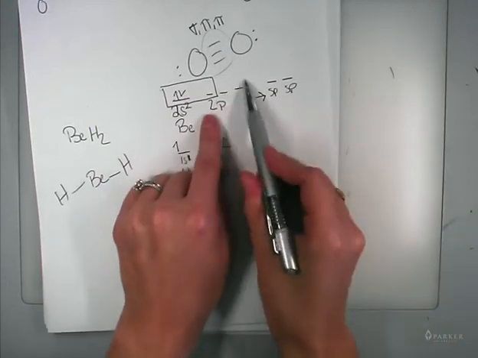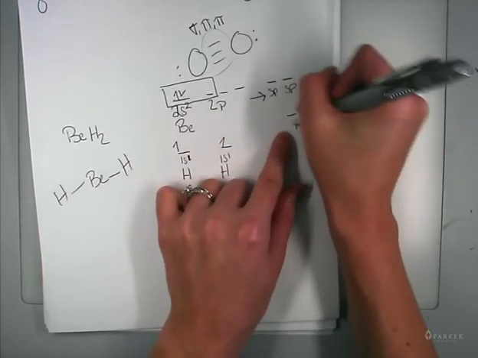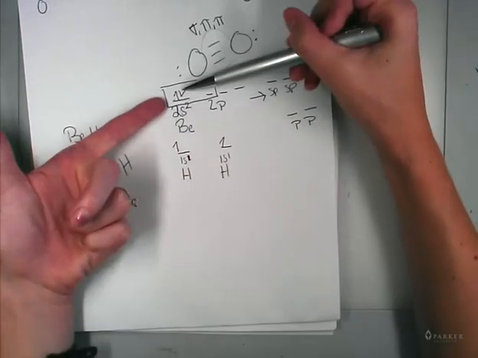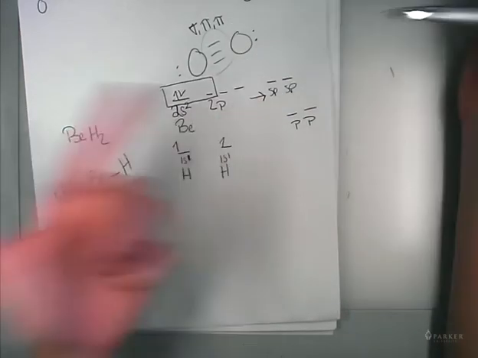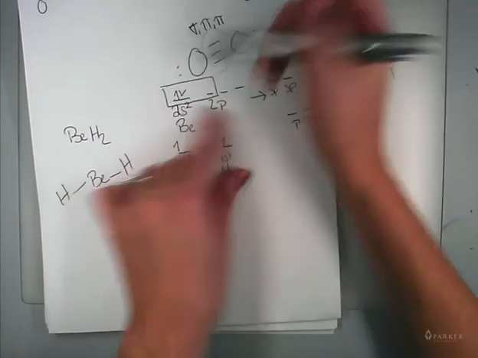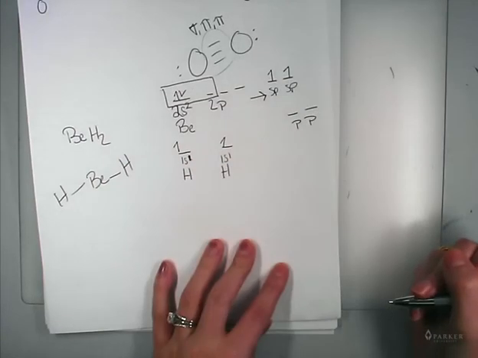How many did I not use here? 2 P's, and these are just regular P's. Now I hybridize my arrows into this new orbital, and my two arrows can now fit right here. 1, 2.